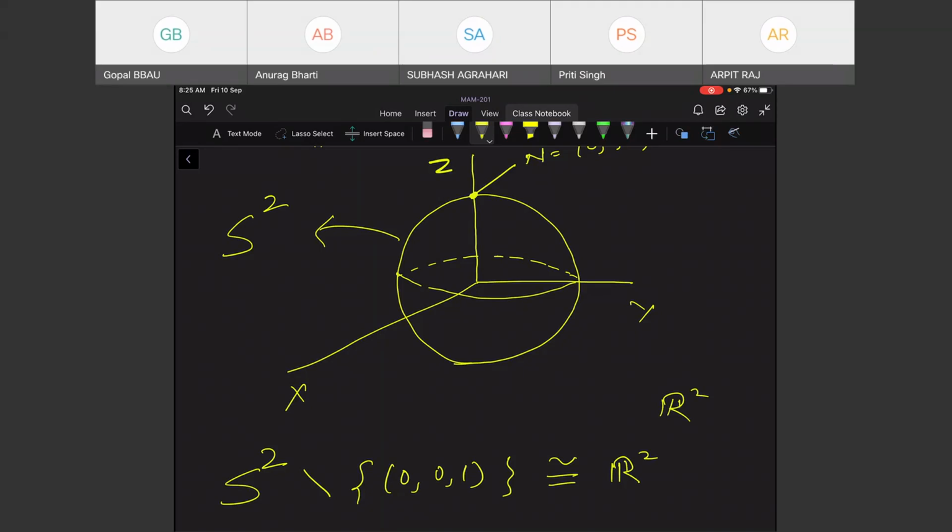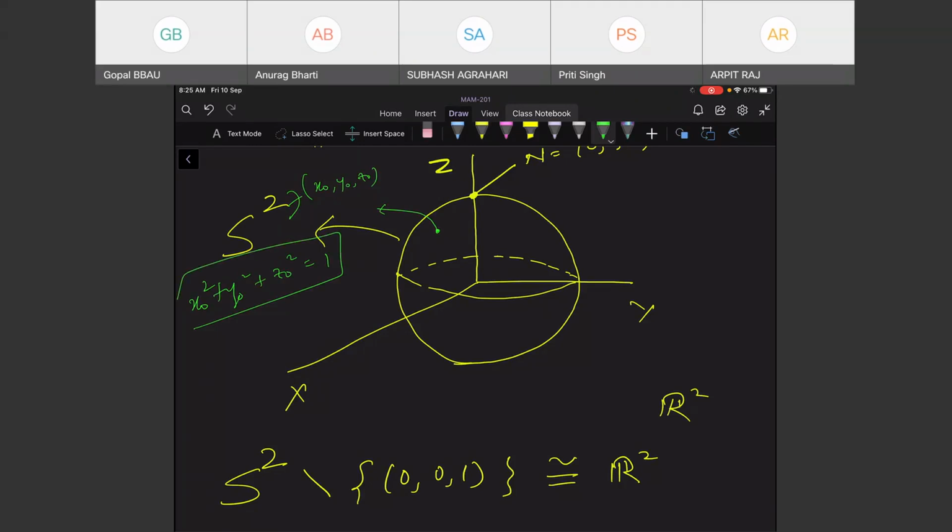The idea is exactly same, but what is the idea? Say this point is x naught, y naught, z naught in S2. So this means it satisfies x naught square plus y naught square plus z naught square equal to 1.